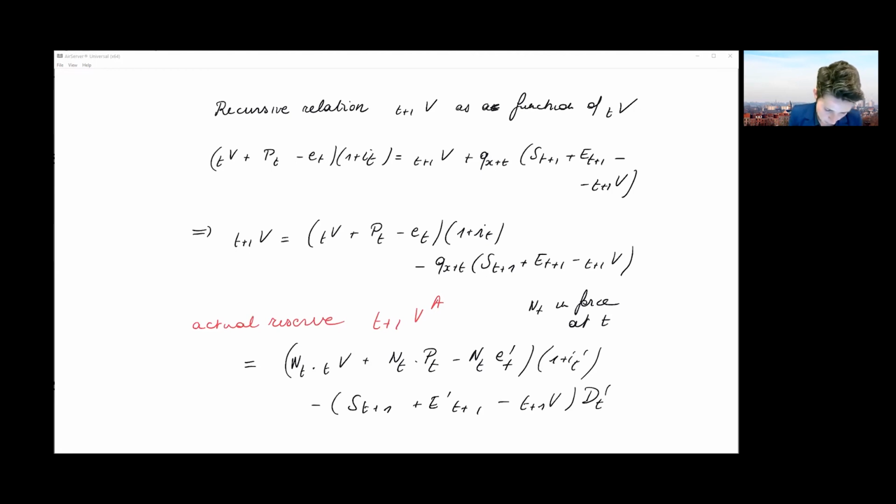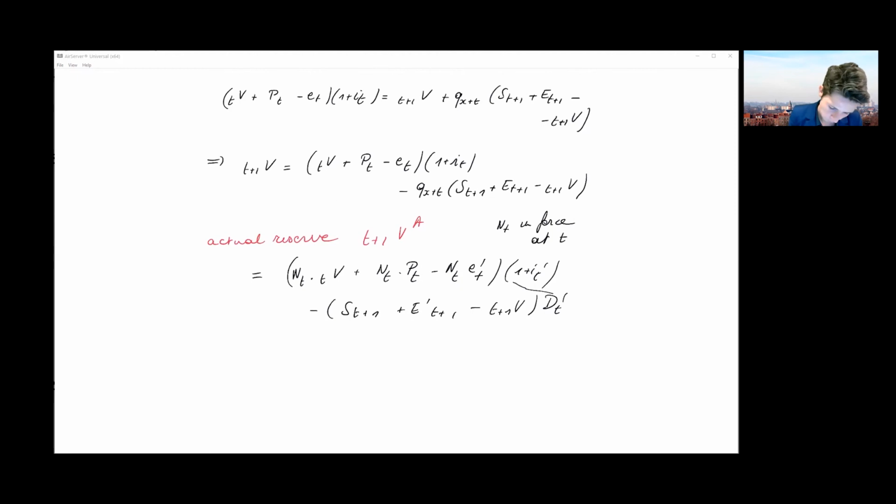That is the actual number of deaths that I will observe on my group of contracts, so d_t prime is q_{x+t} prime, the actual mortality rate, multiplied with the number of contracts in force at time t. So this is the actual situation. This is what I will actually hold in terms of capital. Now I want to compare this with the expected capital.